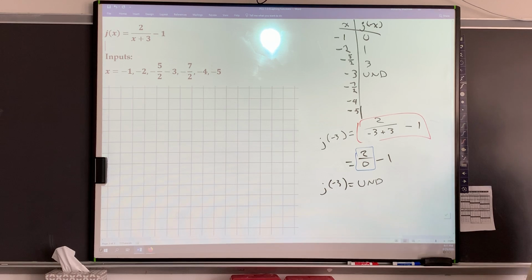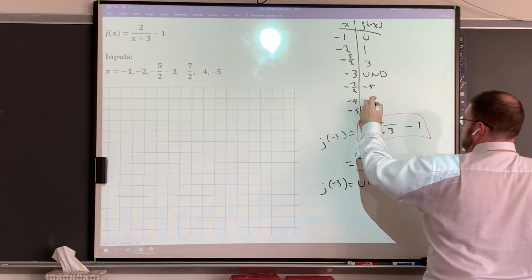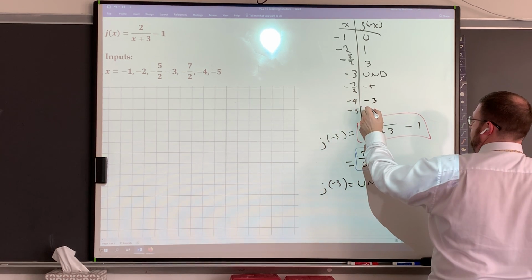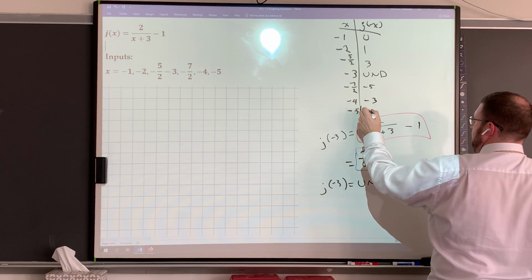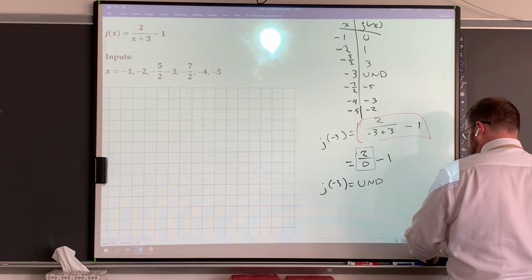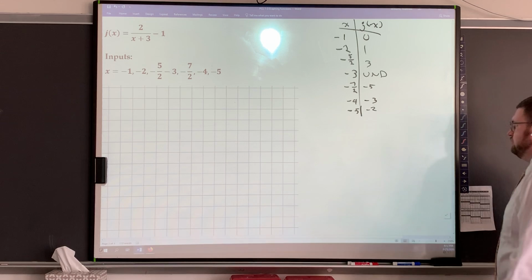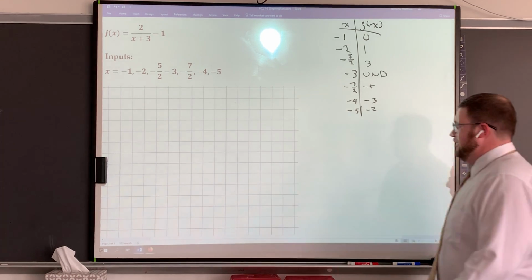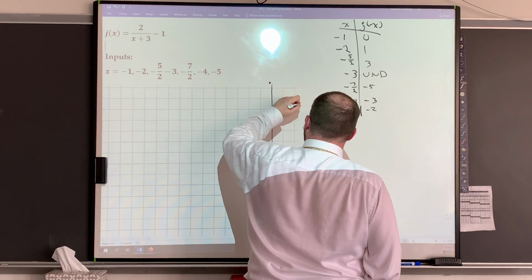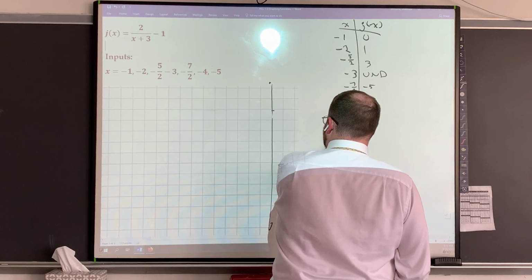And I'm going to do these just real quick in my head. Same process as before. I believe that is -2. Yeah. I'm going to graph these points that we have. Where that undefined is, I'm just going to skip over it. There's a feature of that graph right there that we're going to learn about in a couple of months.